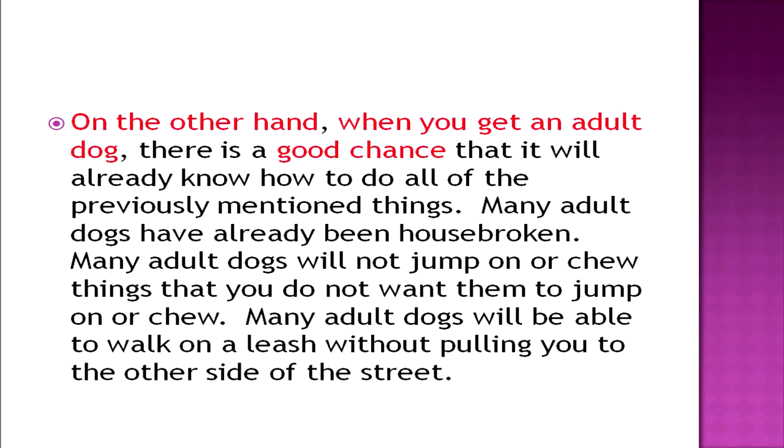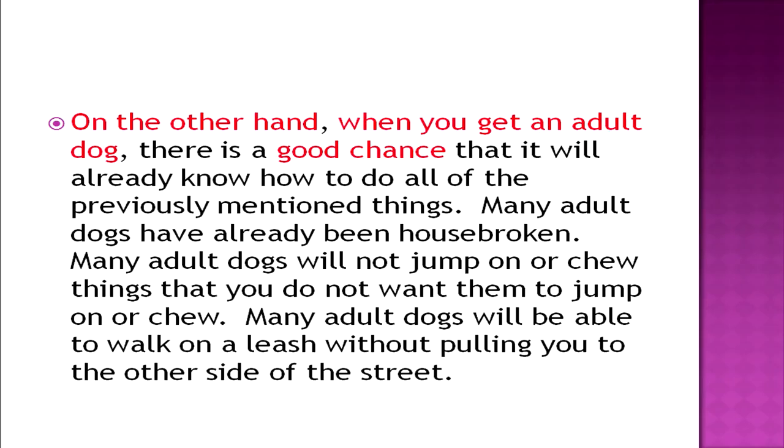On the other hand, so after talking about the inconveniences caused by getting a puppy, he is trying to talk about the advantages of getting an adult dog. So there is a shift in the stance, and the paragraph begins with the phrase, on the other hand.